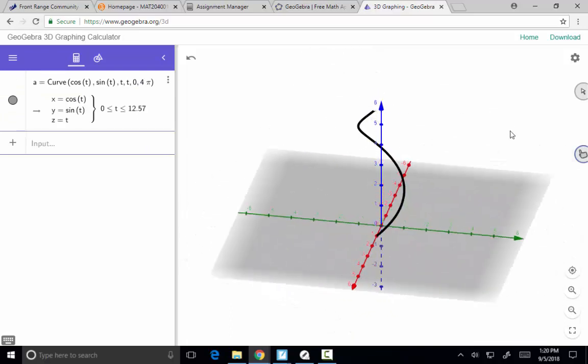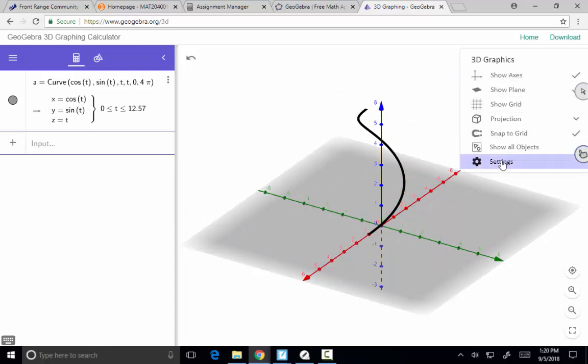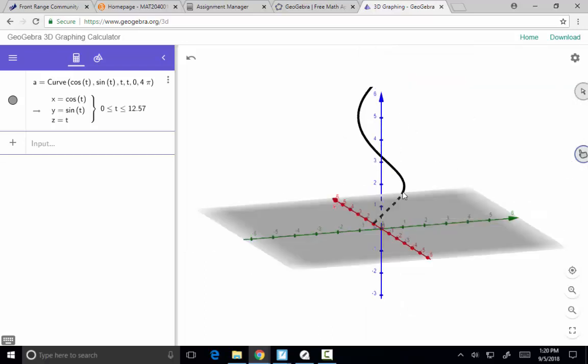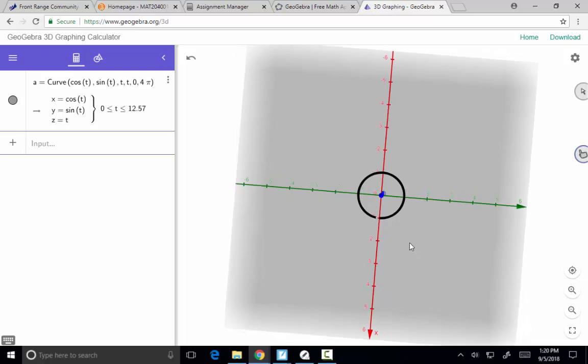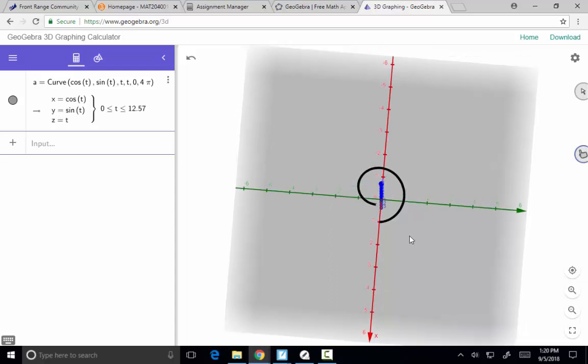And you can label your axes. I don't see the axes labeled here. If we come over to settings, and we wanted labels on our axes, you can just click for each one if you needed them. We don't really care right this minute. Like I had mentioned before when we talked about a helix, if you were to look straight down the axis that it's kind of curling around, it looks like a circle if you project down onto the correct plane.